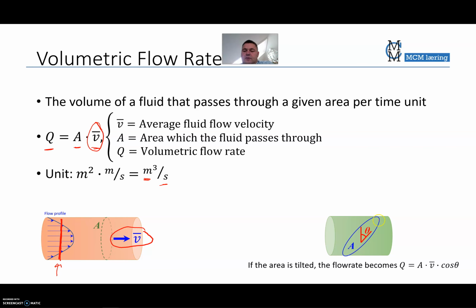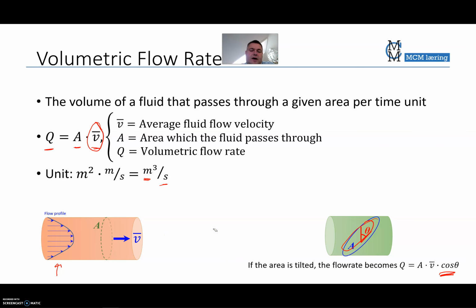Sometimes you have a tilted area, then you need to introduce a cos angle element, but for most practical purposes the area where we measure the flow rate is perpendicular to the flow. Also in this case the area is the total pipe section, and that is for most cases the most convenient thing to measure, because we are really interested in what is flowing out of the pipe at the other end.